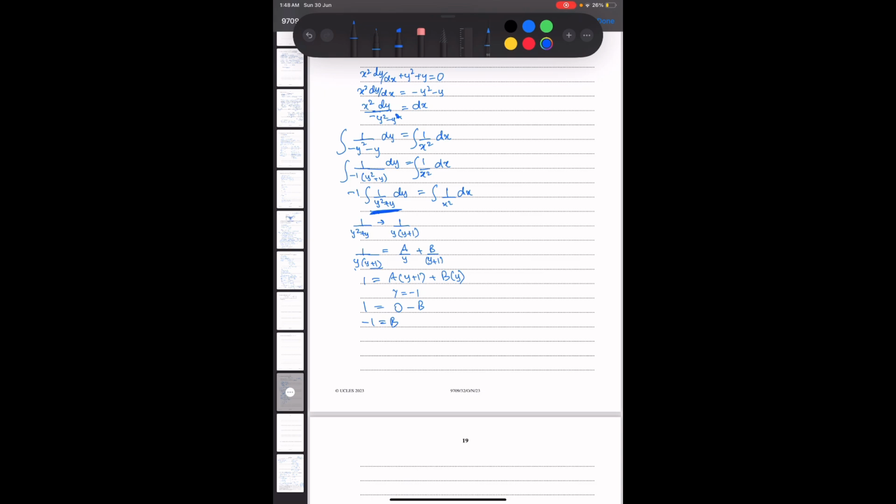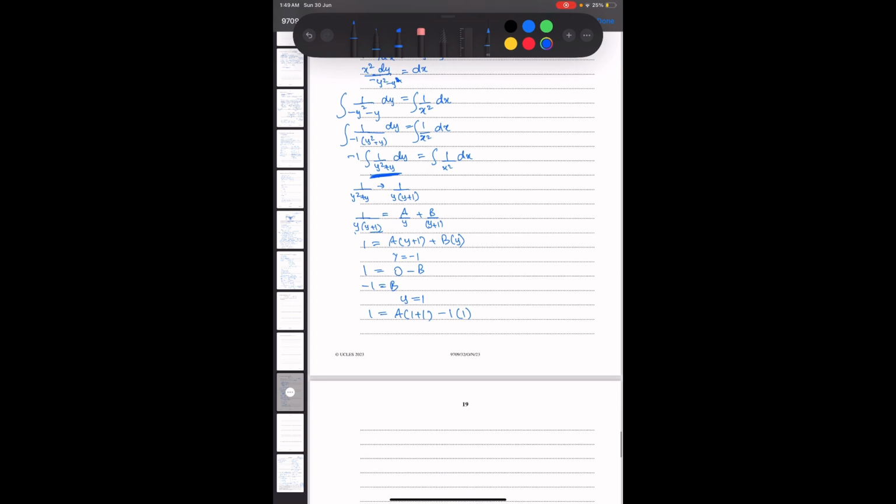Then suppose y is equal to 1, 1 is equal to a into 1 plus 1, and b is minus 1 and y is 1, so 1 is equal to 2a minus 1. Now 1 plus 1 is equal to 2a, 2 is equal to 2a, and 1 is equal to a.